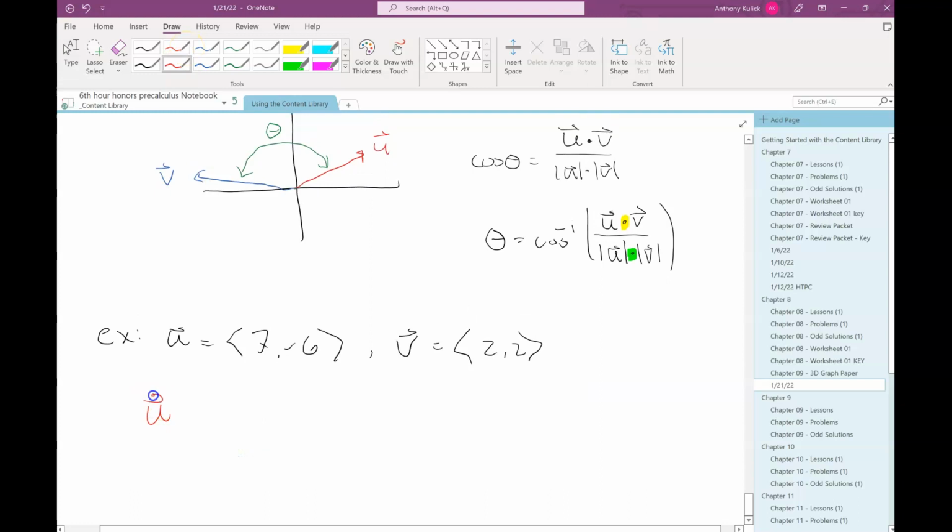To do this, I'm going to need the dot product of the two vectors. I'm going to need the magnitude of each vector.